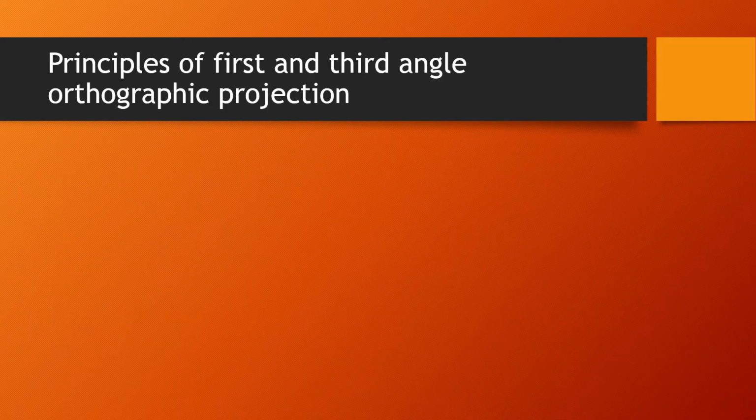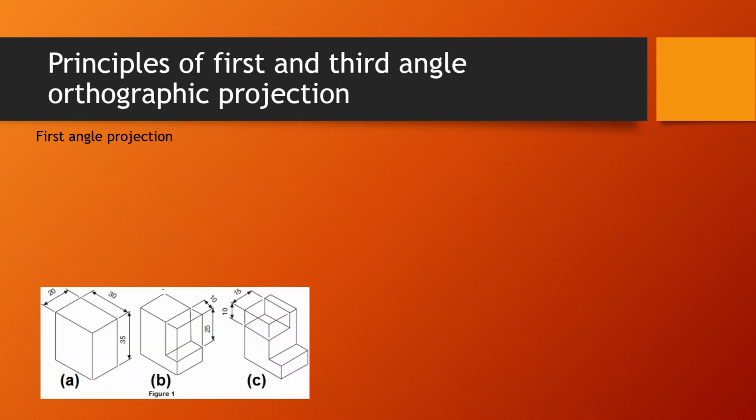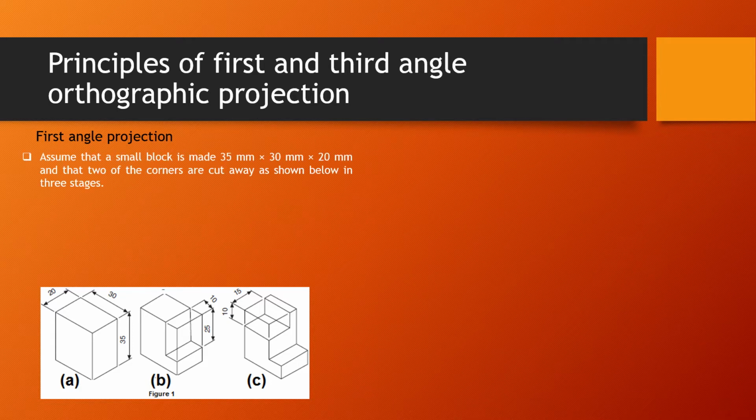Okay, principle of first and third angle orthographic projection. Now we will discuss the first angle projection, then we will start the third angle projection. In first angle projection, you can see there is a figure 1. Let me explain step by step.